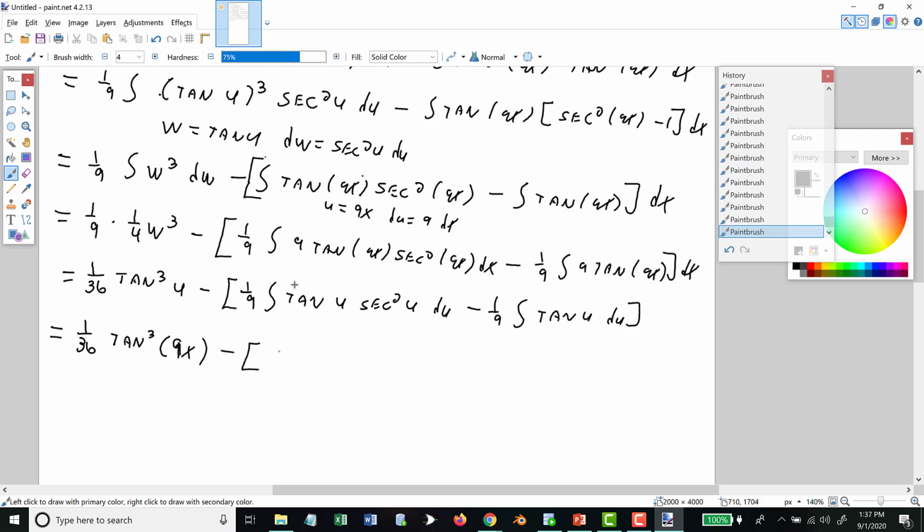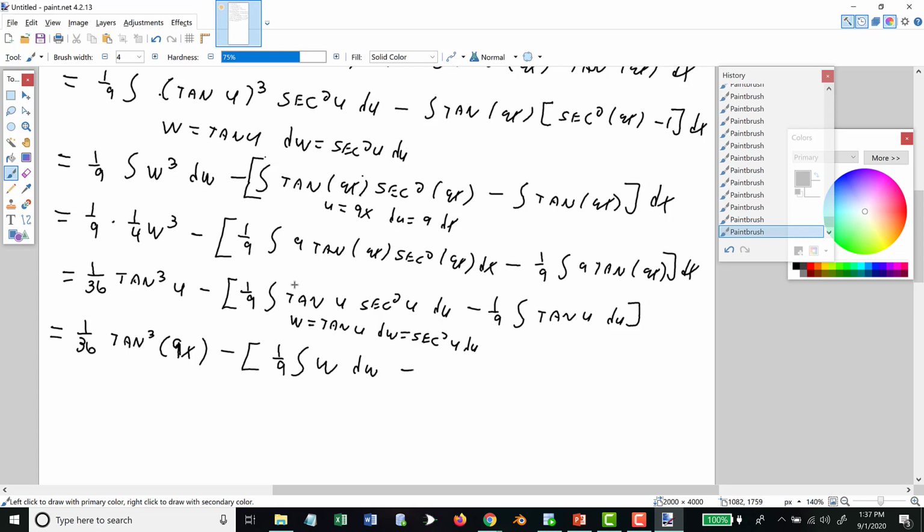Minus, now I do another substitution here. W equals tangent, and dw, the derivative of tangent, is secant squared du. So this becomes the integral of w dw. We replace the tangent with w and the secant squared du with dw.